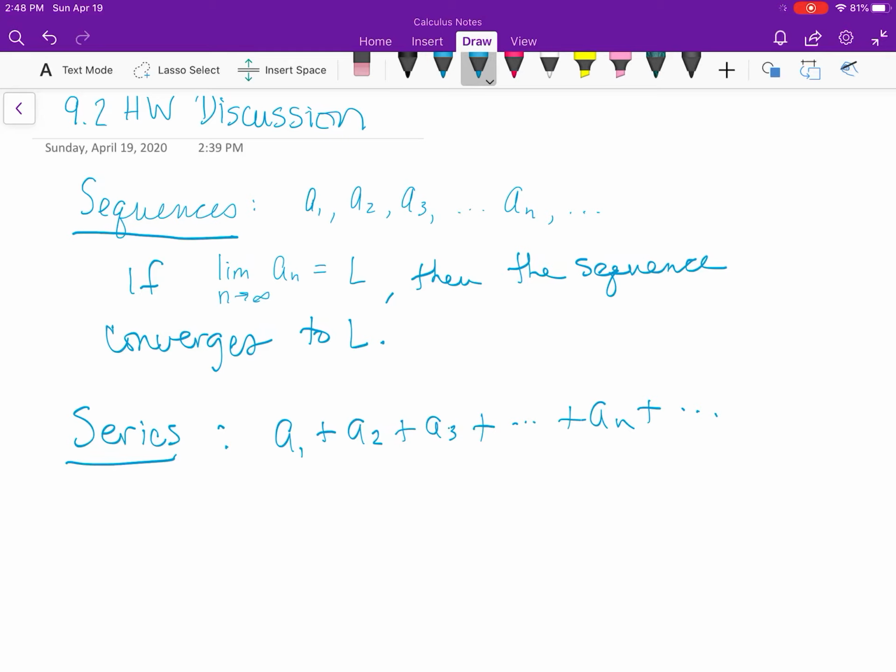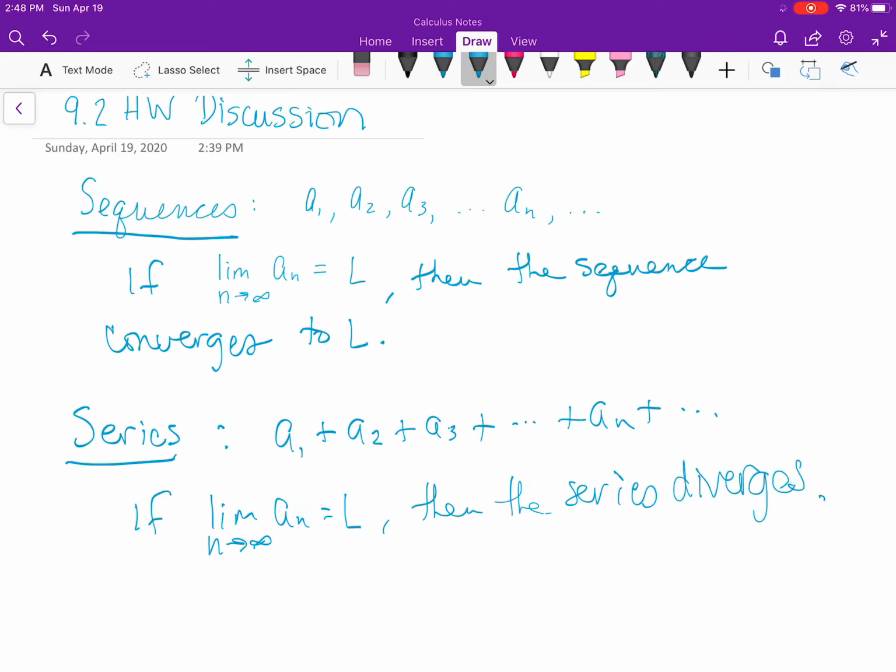But when we get to series, which are a1 plus a2 plus a3 plus dot dot dot plus a sub n plus dot dot dot, infinite series like that, if the limit as n goes to infinity of a sub n equals a number, that means the series diverges.